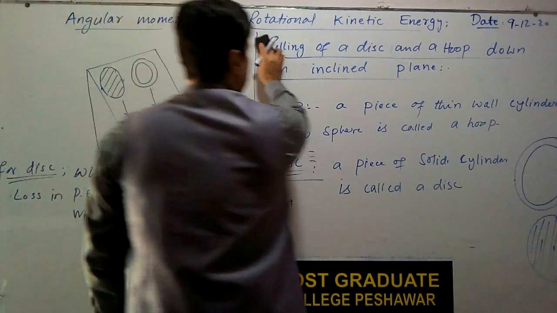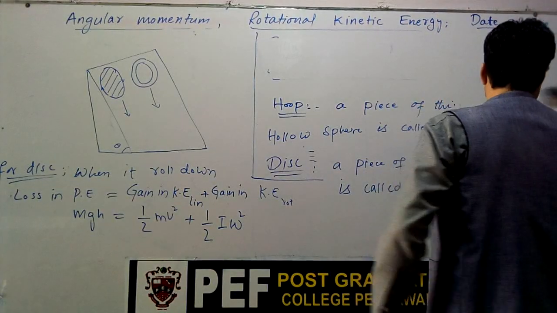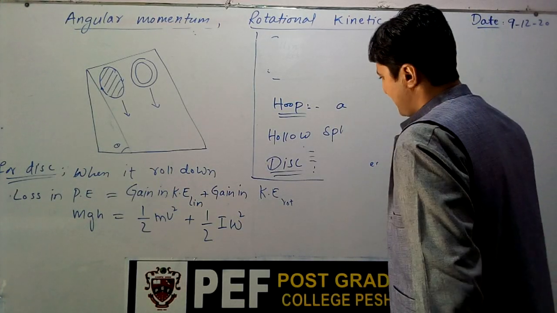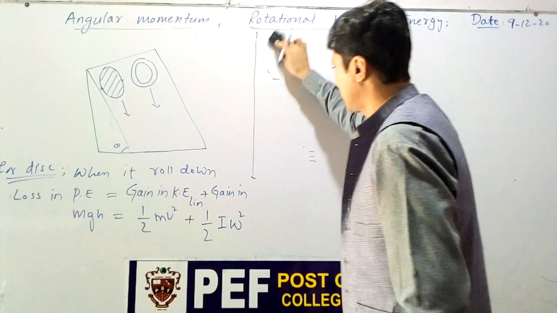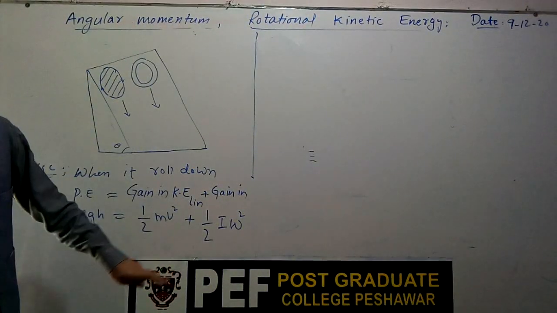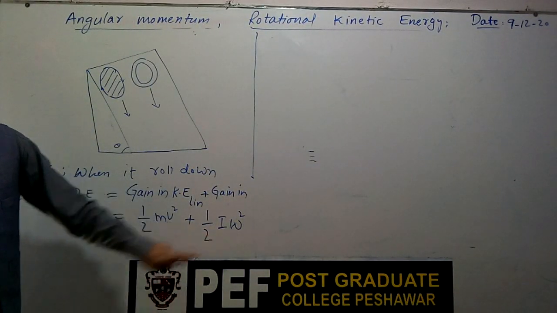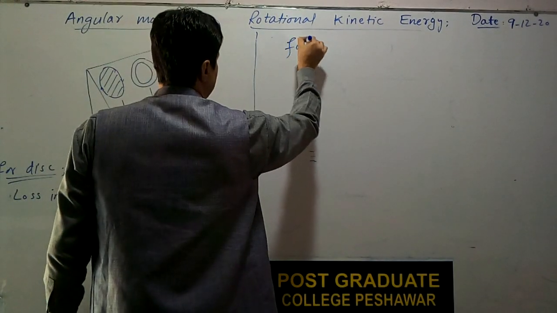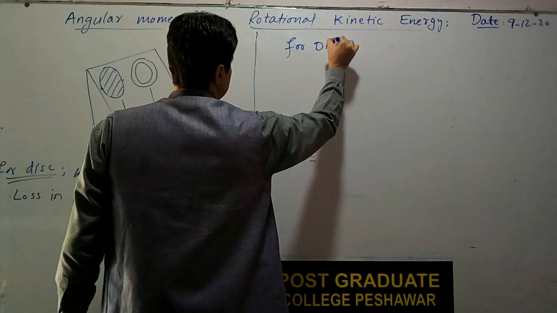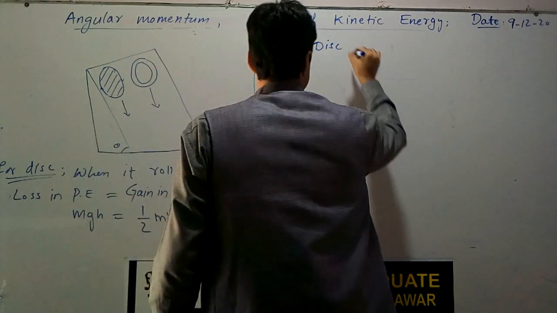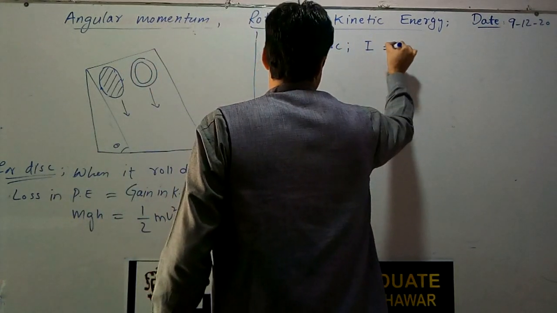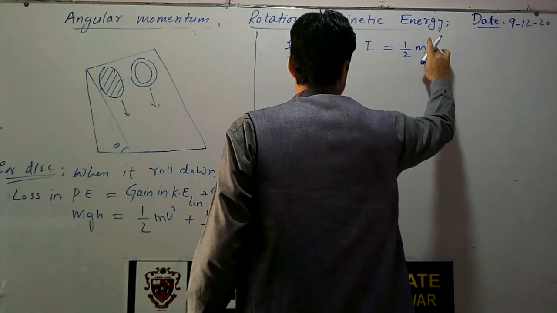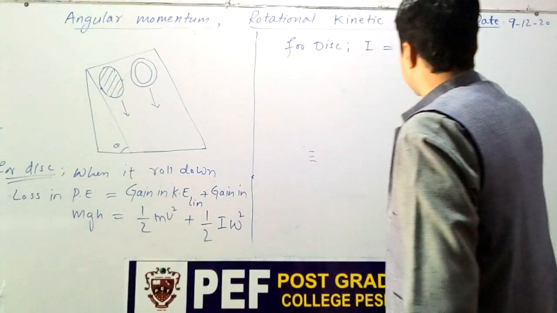So remember, the moment of inertia for a solid disk is given by, for disk, moment of inertia is equal to 1 divided by 2 mr square.